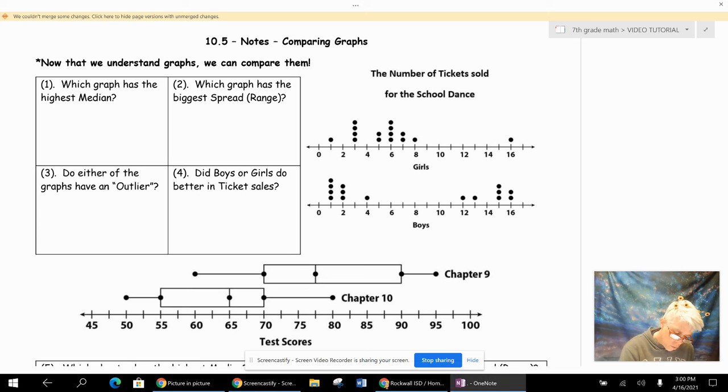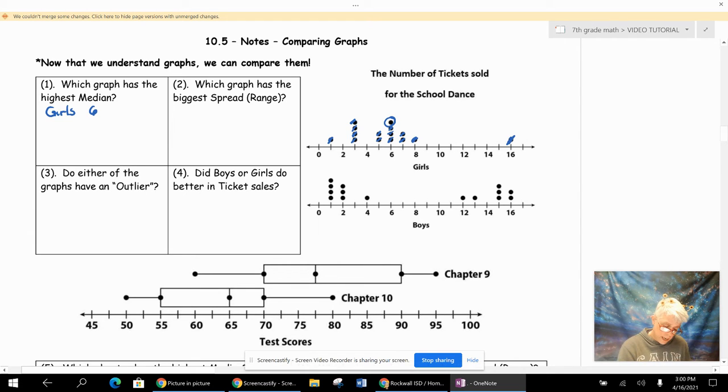So I'm going to go one, one, two, two, three, three, four, four, five, five, six, six, seven, seven, and there's my number in the middle. So for girls, I got a 6.